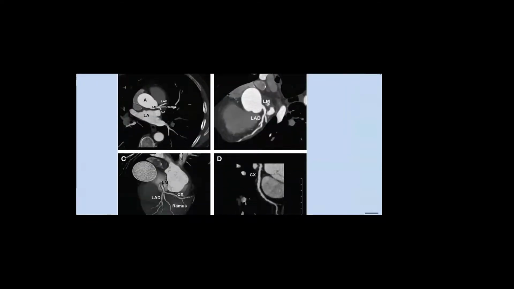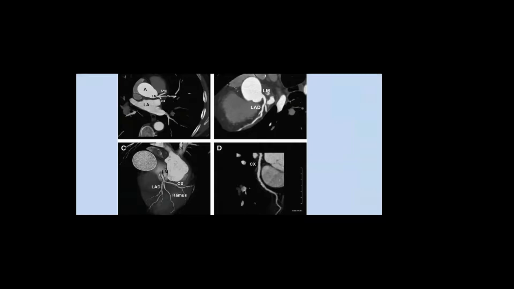Now look here. What are we seeing? And you see how pleasant the cardiac CT anatomy looks. You see the arteries in the first image, the axial images.